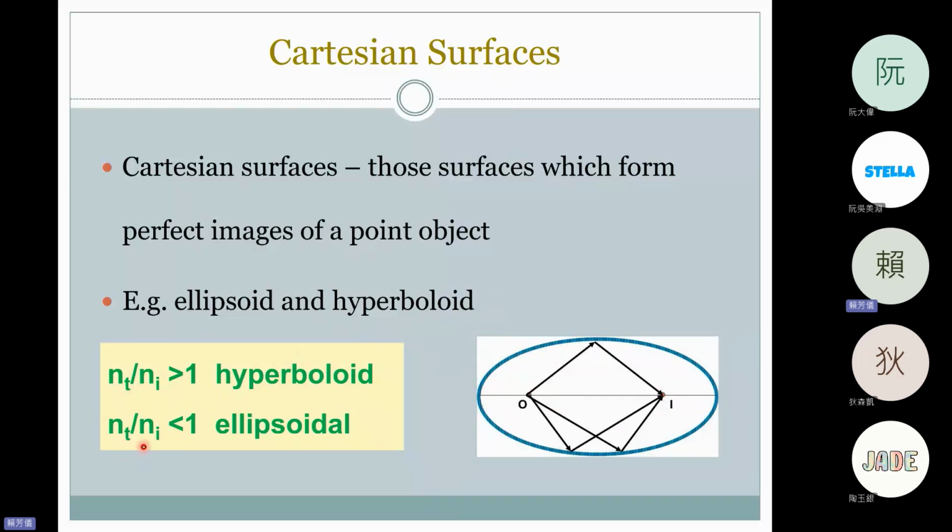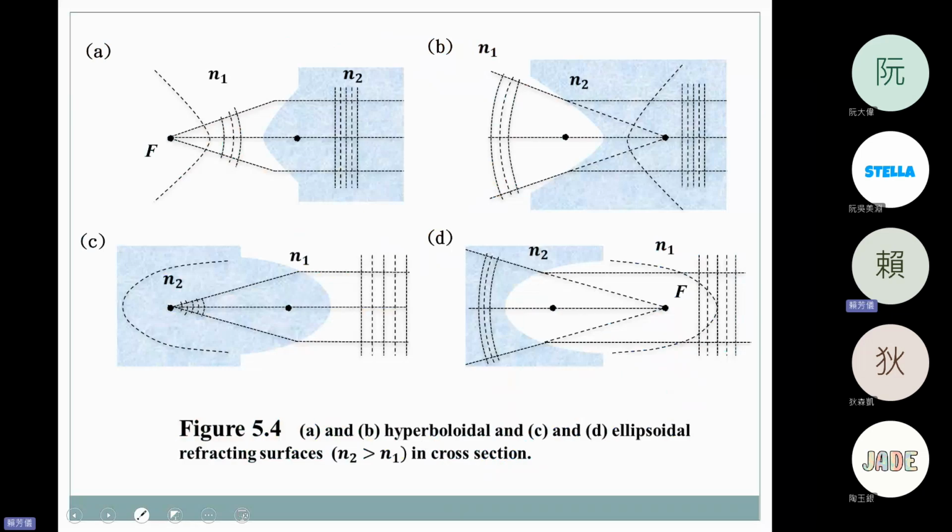But for nt divided by ni smaller than 1, the ellipsoid surface will form the perfect point image, as this figure shows. Here this is from the hyperboloid, and C and D show the ellipsoidal refracting surface. Okay, they can form the perfect image.